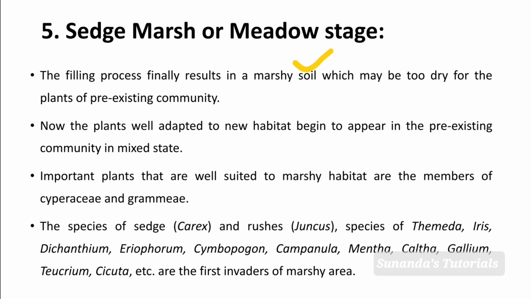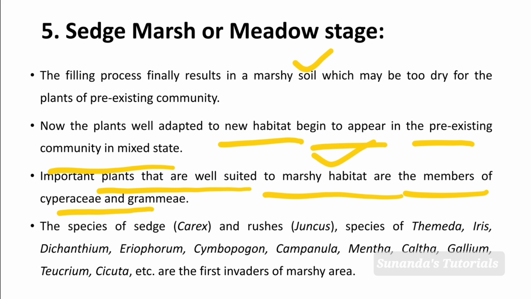Now the plants are well adapted to the new habitat and begin to appear in the pre-existing community in mixed stage. Important plants well suited to marshy habitat are the members of Cyperaceae and Gramineae.